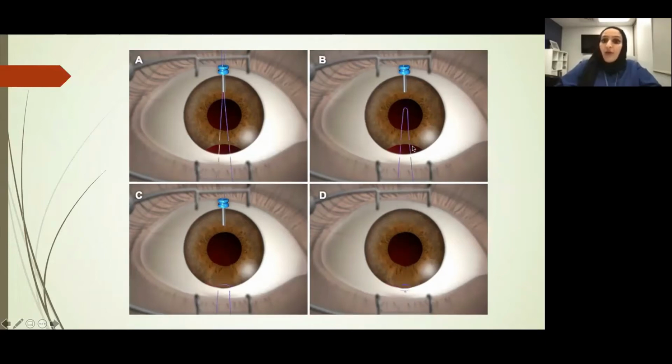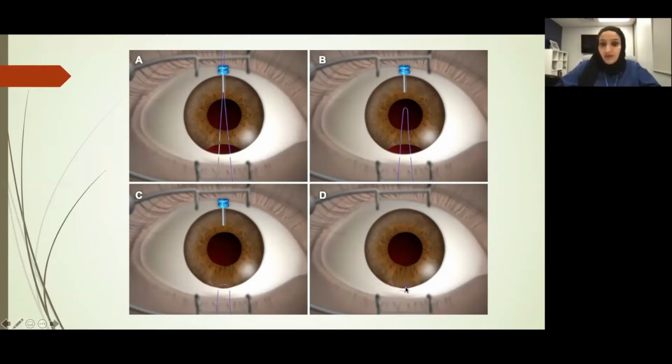Now, having both arms into the iris and out to the sclera, we can titrate the tension and lock our suture, then bury it under the sclera, and we can cover it with a conjunctival flap.